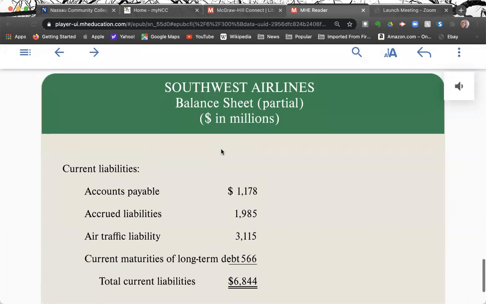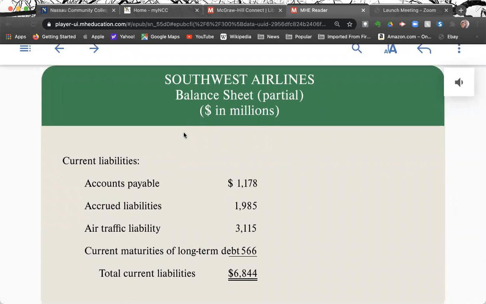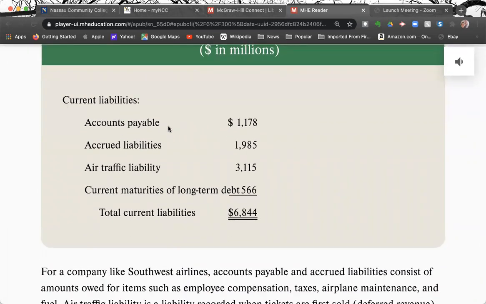And here they're showing you a balance sheet from Southwest Airlines. Current liabilities, this is typical, right? Accounts payable, accrued liabilities.